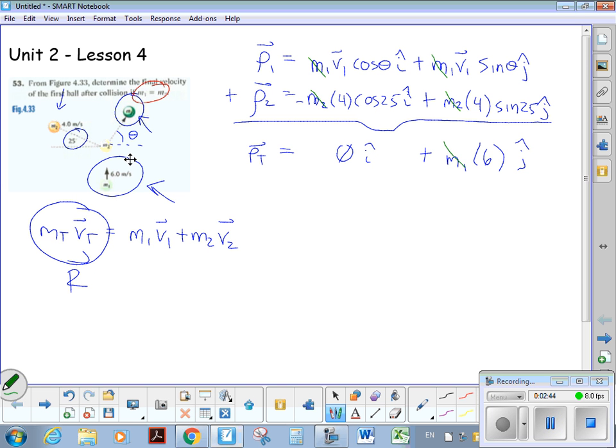So we look down the columns and decide which column provides us with the most information. So let's look at our x column here, or the x component. So from it, I have v1 cos theta plus 4 cos 25 equals 0.